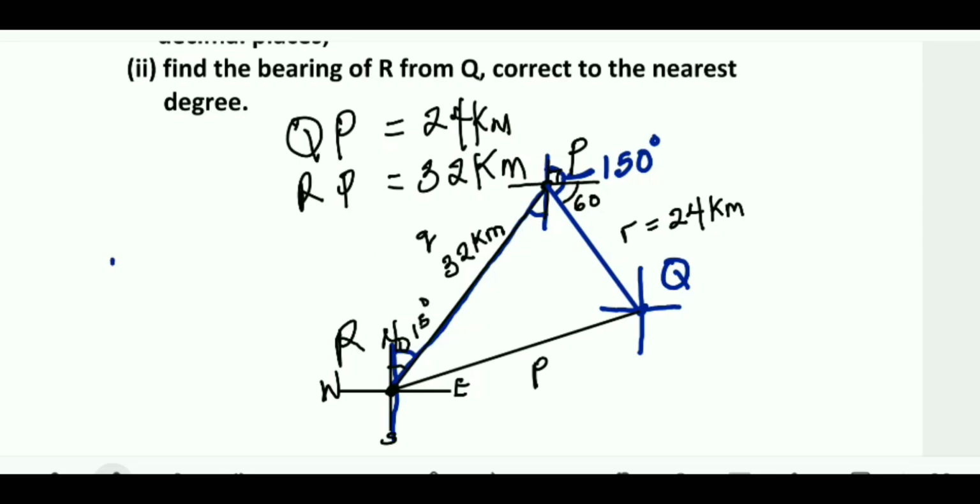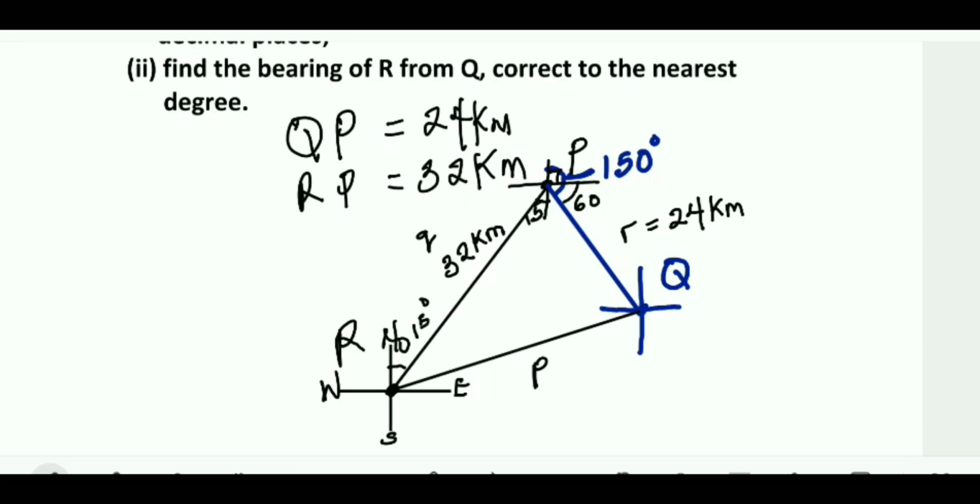So you would have something that looks like this. These two angles are alternate to each other, so I would have that as 15 degrees. And I've told you my reason: alternate angles.